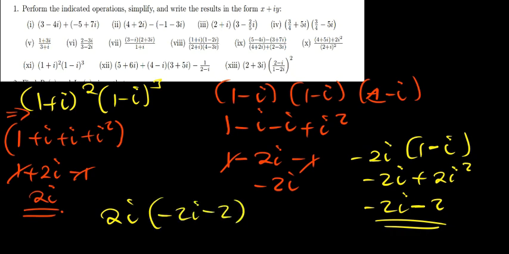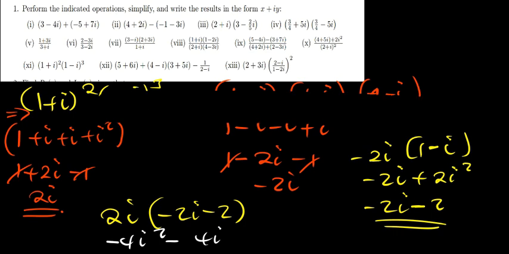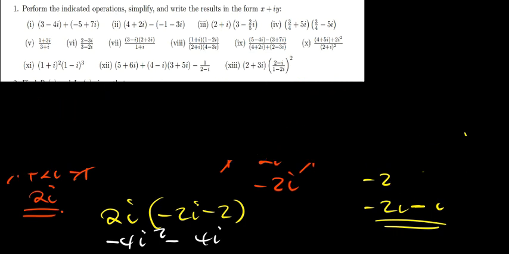So this times this is going to be negative 4i squared minus 4i. So I'll have negative 4, where there's i squared we put negative 1, minus 4i. So I can clearly see that my answer will be 4 minus 4i. As simple as that. I'm done with that part.